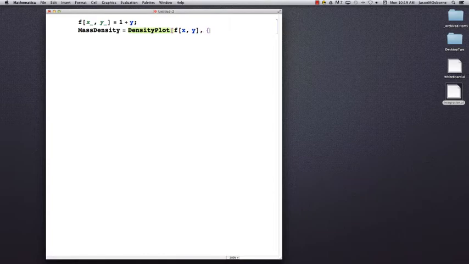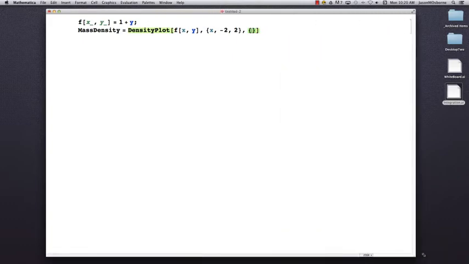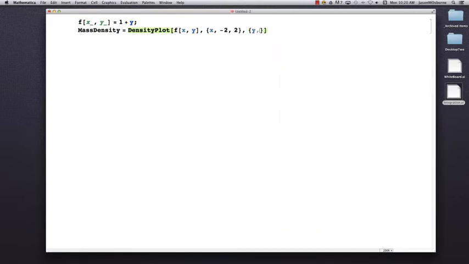And then what you're going to put here after the function is a description of the region D. So we need to describe in these two blanks the region D. Well, D is a region in the xy plane, and it was a semicircle that went from -2 to 2, and the y variable went from 0 up to the square root of 4 minus x squared.